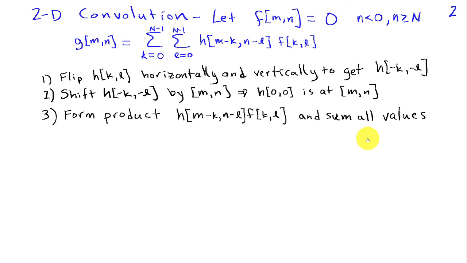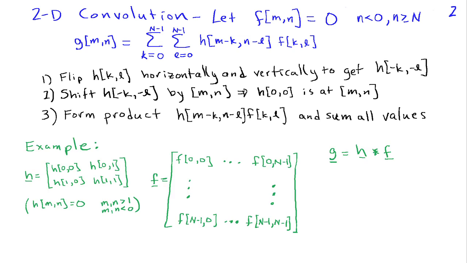So I have a simple example here in which we have a system h that has a 2 by 2 set of pixels that we're going to use for its point spread function or its impulse response. We've got h of 0, 0, 0, 1, 1, 0, and 1, 1. And then our image f in general is an N by N image.